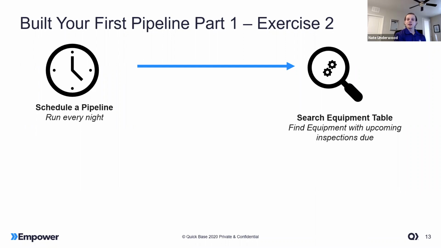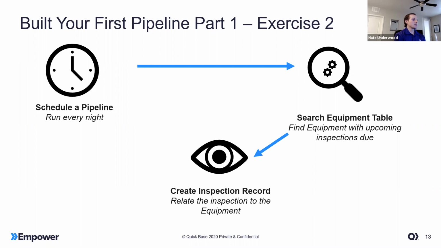So we're going to have this pipeline search for upcoming inspections. And if it finds one, so if it finds, hey, this is coming up, we need to inspect this, it's due in 2 weeks, we're going to go ahead and create a new inspection record. Once it's created, we could send a notification to our inspection crew, whatever we want.